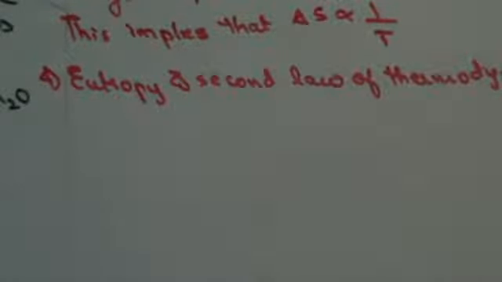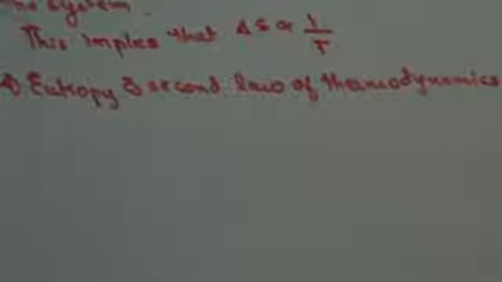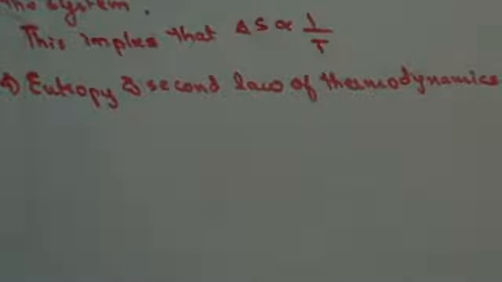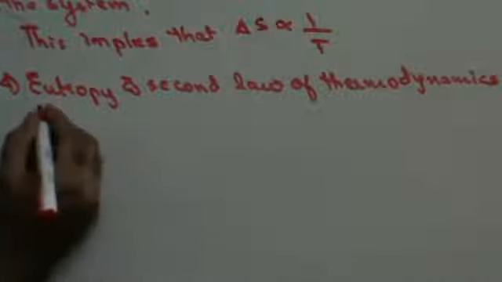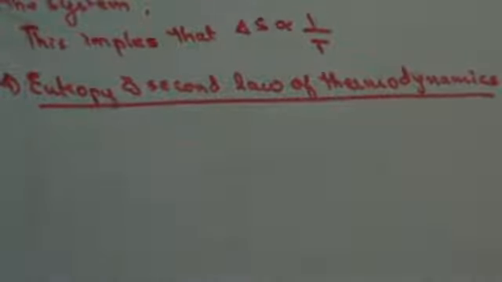Let us see how entropy affects the second law of thermodynamics. The second law of thermodynamics says that the flow of heat is always unidirectional, and it is always from a higher temperature to a lower temperature. That is the second law of thermodynamics. Let's try to find out the relationship between entropy and the second law of thermodynamics.